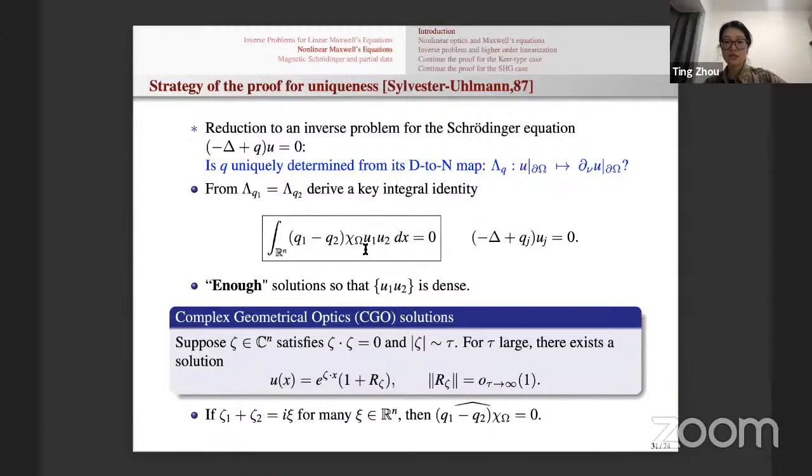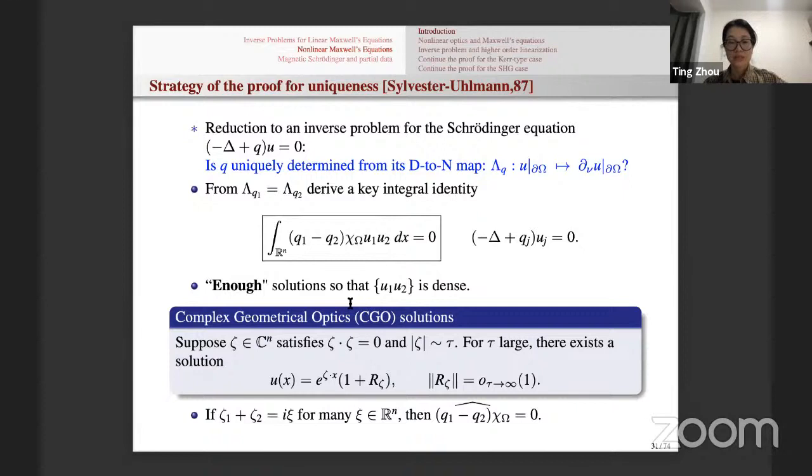The only thing different is that instead of a product of 2 solutions, we actually get a product of 3 or more solutions, depending on the order of the nonlinearity in the equation. So that is the basics for solving this inverse problem for nonlinear equations by doing higher order linearization. Okay, then the question becomes, this is for CGO solutions.